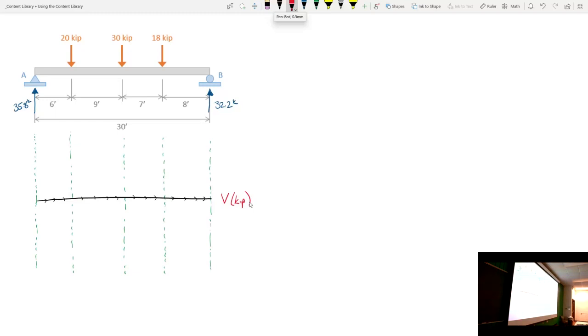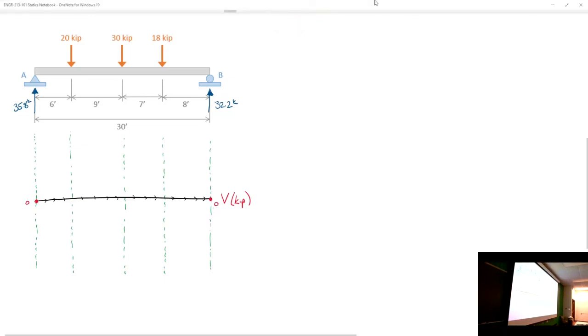Now, okay, so here's how a shear diagram works. A shear diagram is a plot of the change in vertical forces along the span. So, this is a static problem, which means that the sum of the forces in the vertical direction is 0. Okay? Now, how that relates to this is that this problem better start at 0 and it better end at 0. Okay? Let's see if it does.